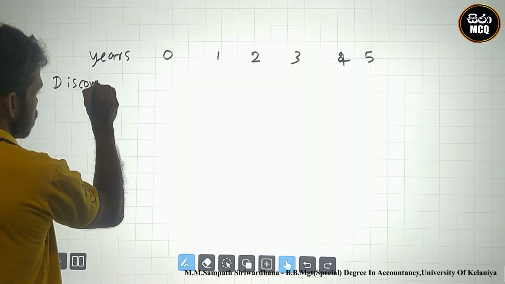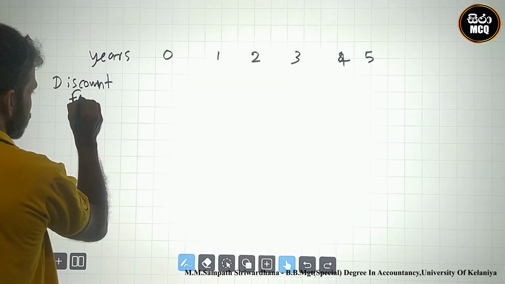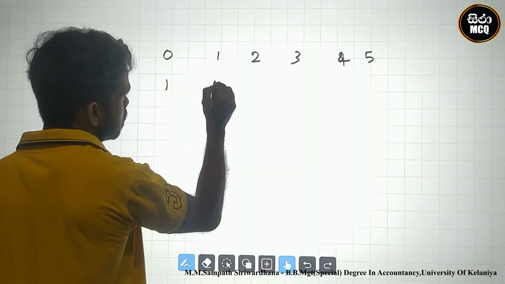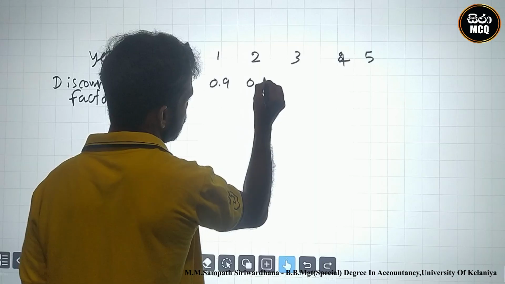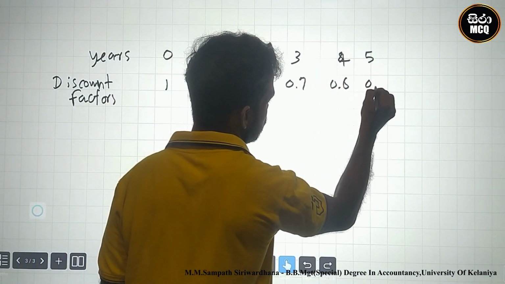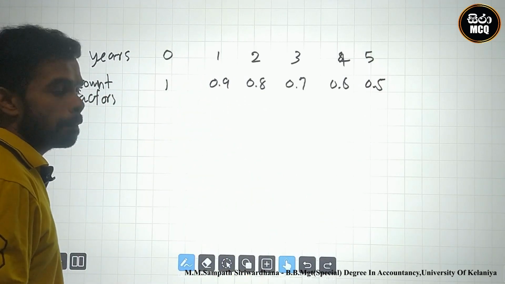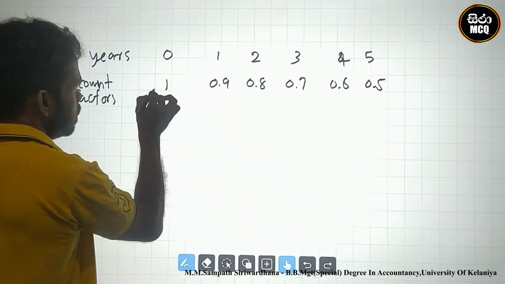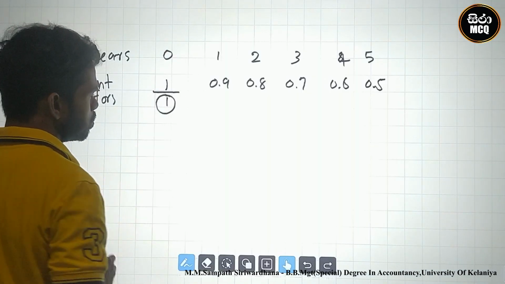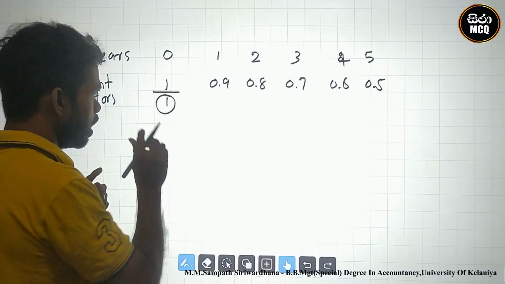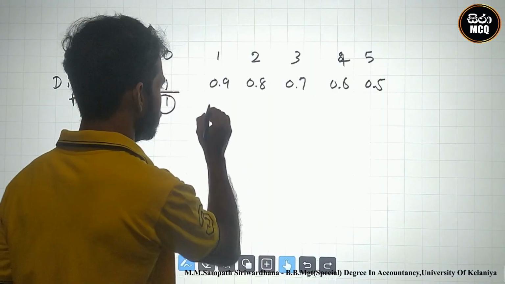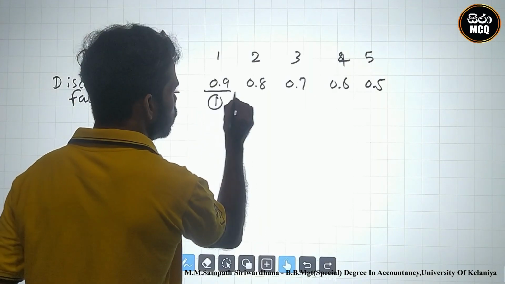Discount factors: 1, 0.9, 0.8, 0.7, 0.6, 0.5. What is the meaning of that? You know, this is the meaning. Here a 100 rupee cash amount is 1 rupee. A 1 rupee cash coin is there.